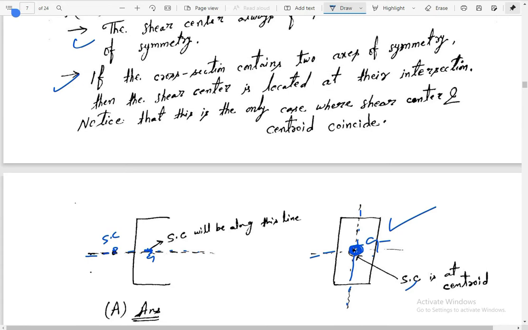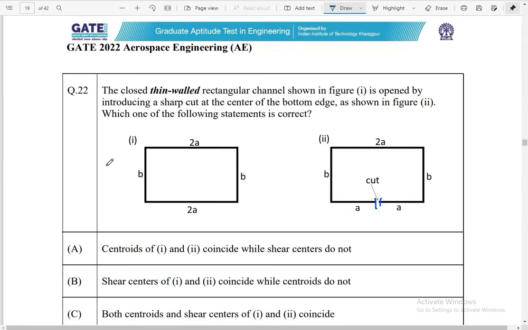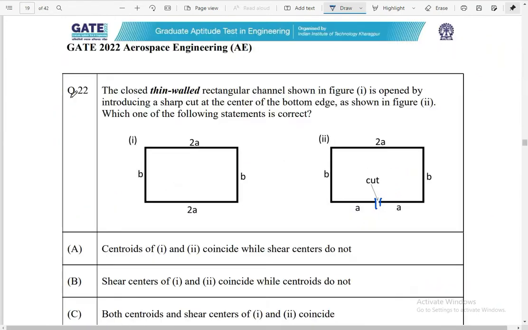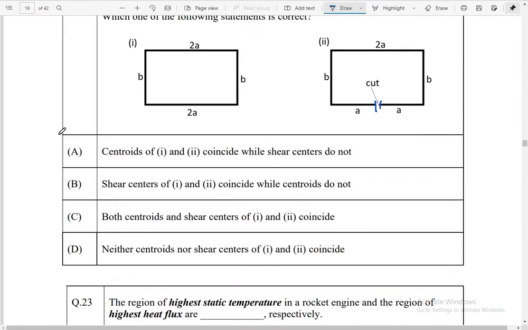According to this, the centroids of 1 and 2 coincide because they are at the same place, but the shear center does not. In number 1 the shear center is here, the centroid is also here because it is closed.